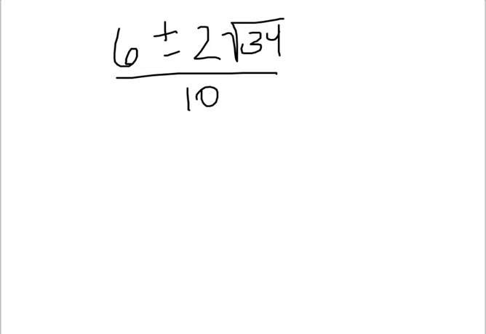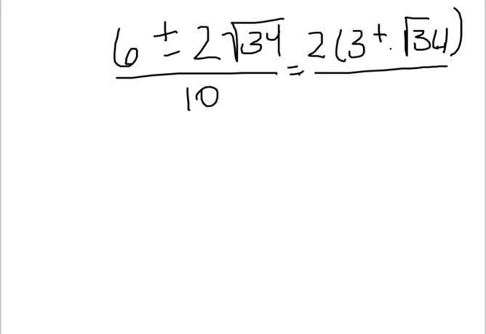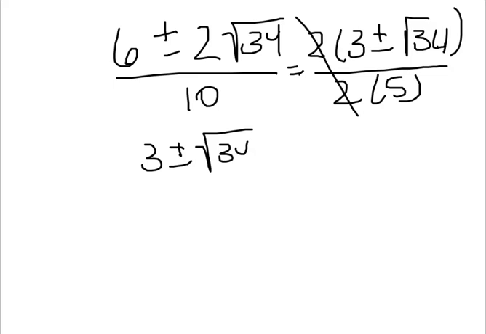I can factor out a 2 at the top, and I'm left with 3 plus or minus radical 34. And at the bottom, I'm left with 2 times 5. Those 2's can cancel, so I get 3 plus or minus radical 34 over 5. And that's my answer.